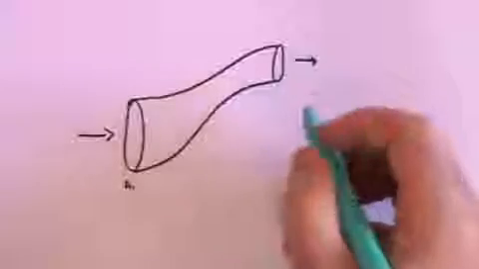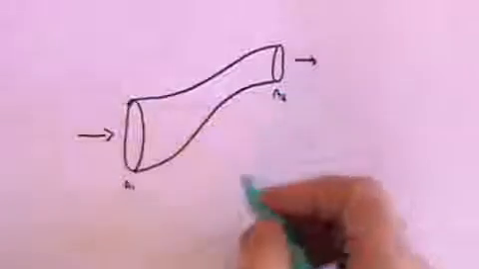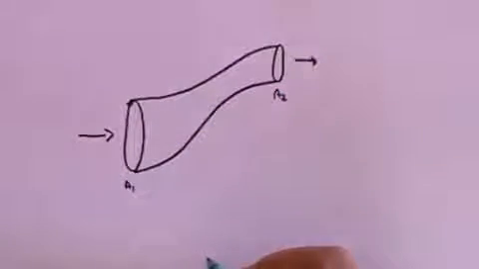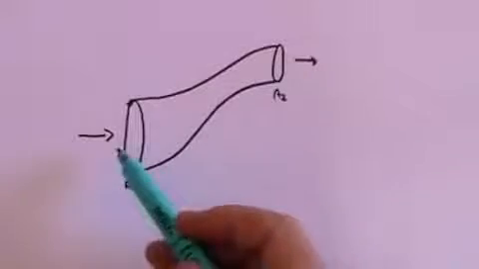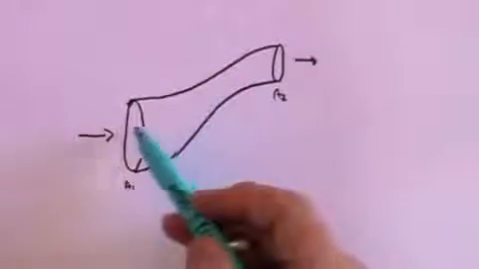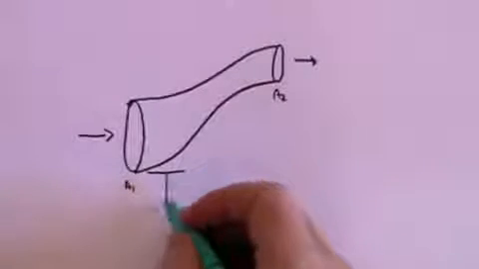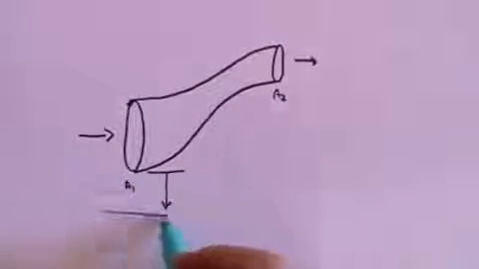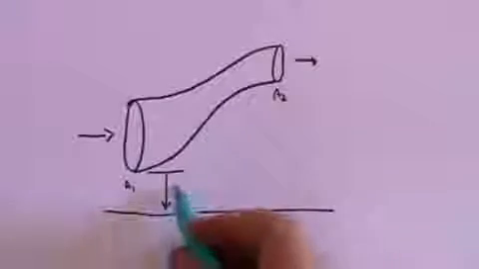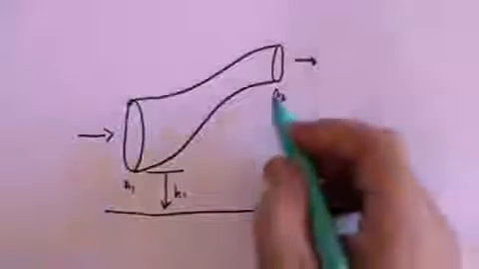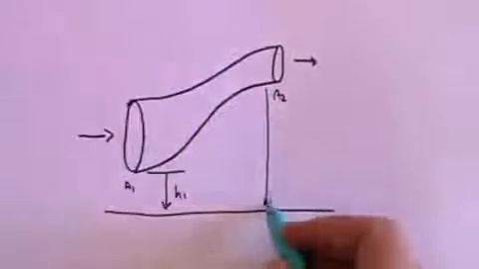The area of the pipe at this point, we will call A2. You'll also notice that the pipe has gone uphill. And so we will call the height of the pipe above some sort of ground level H1 here and H2.